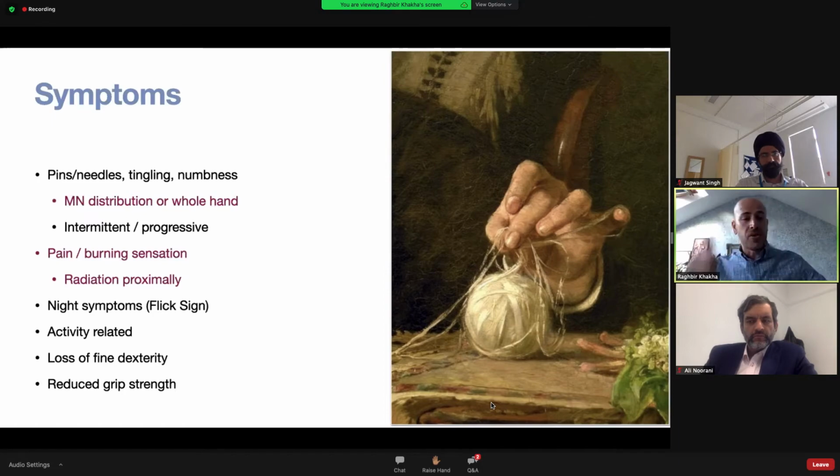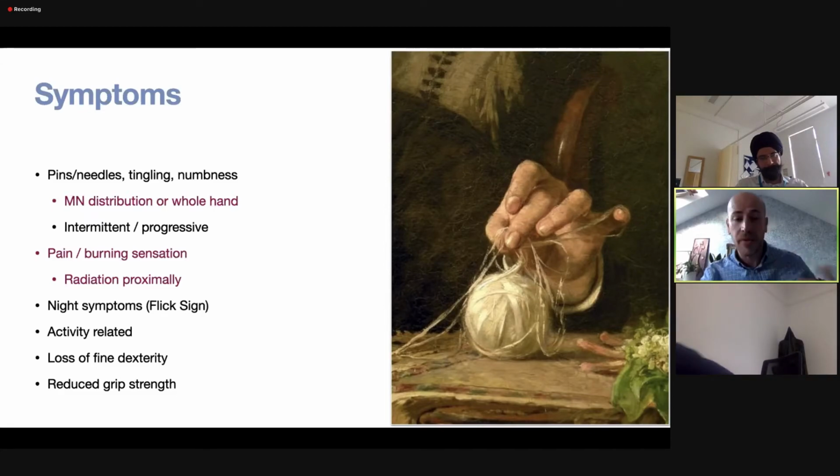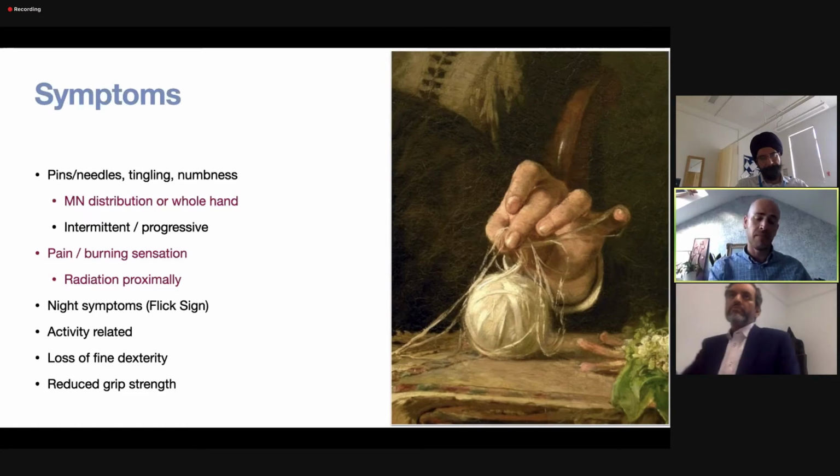Patients do sometimes come in complaining of numbness across the whole hand, and you perform nerve conduction studies and it's been proven to be carpal tunnel syndrome, or you perform a more accurate clinical assessment and it's again carpal tunnel syndrome rather than a mixture of ulnar nerve and median nerve symptoms. Some patients describe this as a painful problem, so they interpret this numbness and tingling as pain.